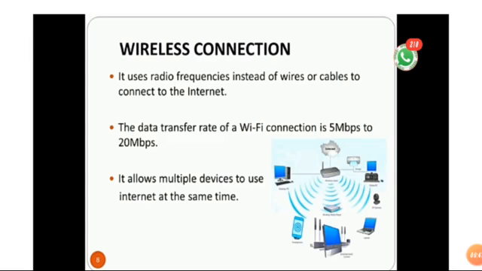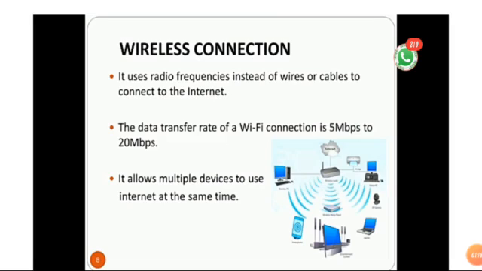So first of all, we have wireless connection. These connections offer a very high internet speed. They use radio frequency for transmission. It needs a Wi-Fi modem to be linked to a computer, and it can be accessed from any location having network coverage.